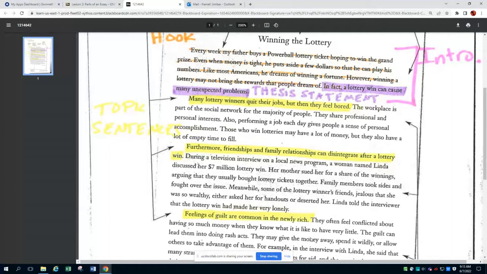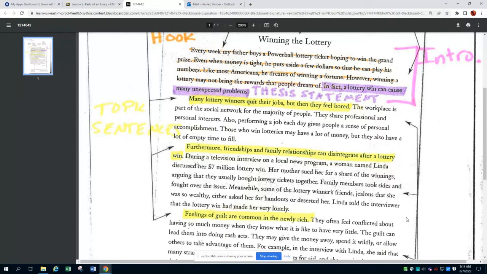Remember, this whole middle section is called the body, and it's broken into three paragraphs here. But why have I highlighted the first sentence of each of these paragraphs? What are those yellow sentences called? Main ideas. Okay, what do we call them in an essay? The topic sentences. Very good. Excellent. Okay.